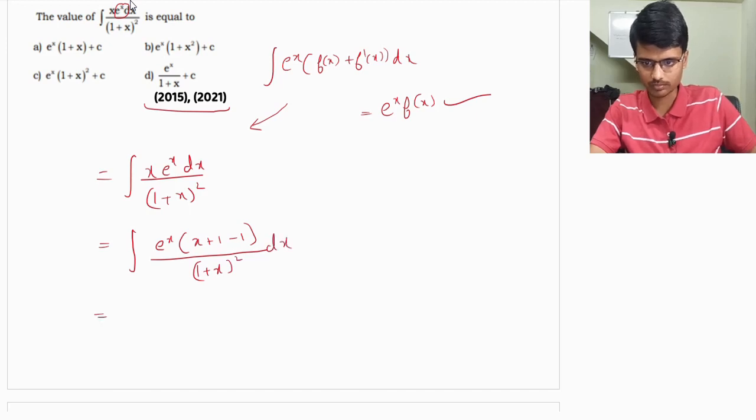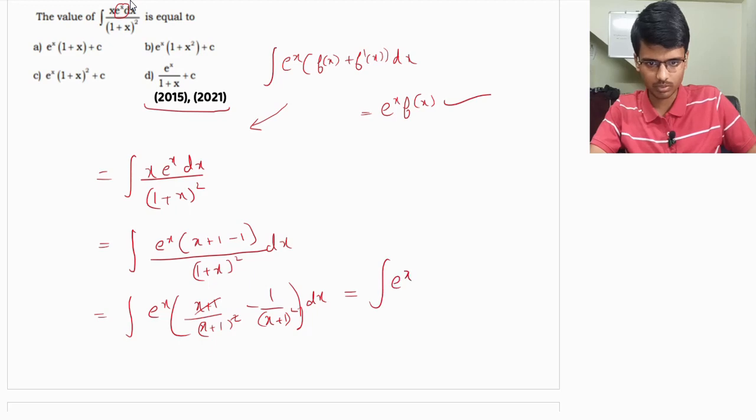Now I can write this as x plus 1 by x plus 1 whole square minus 1 by x plus 1 whole square, right? Now my x plus 1 and x plus 1 get cancelled, right? Now I am left with e power x times 1 by x plus 1 minus 1 by x plus 1 whole square, right?